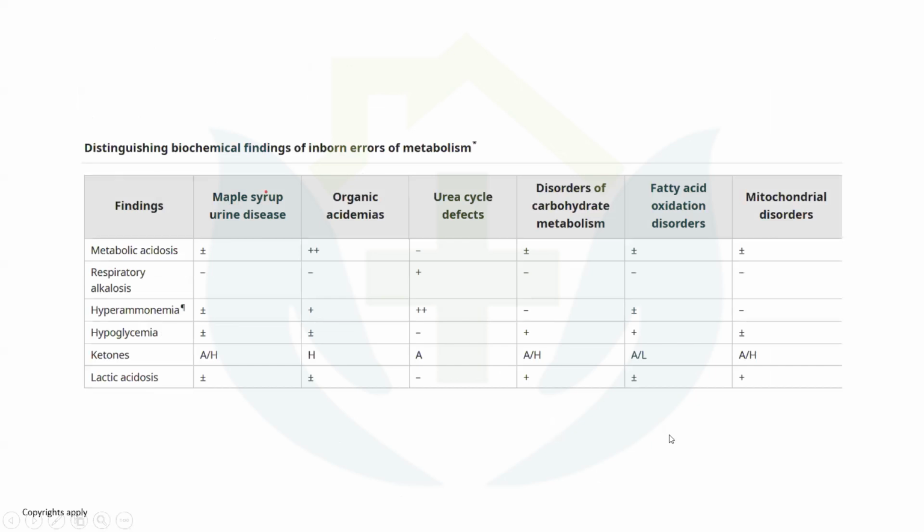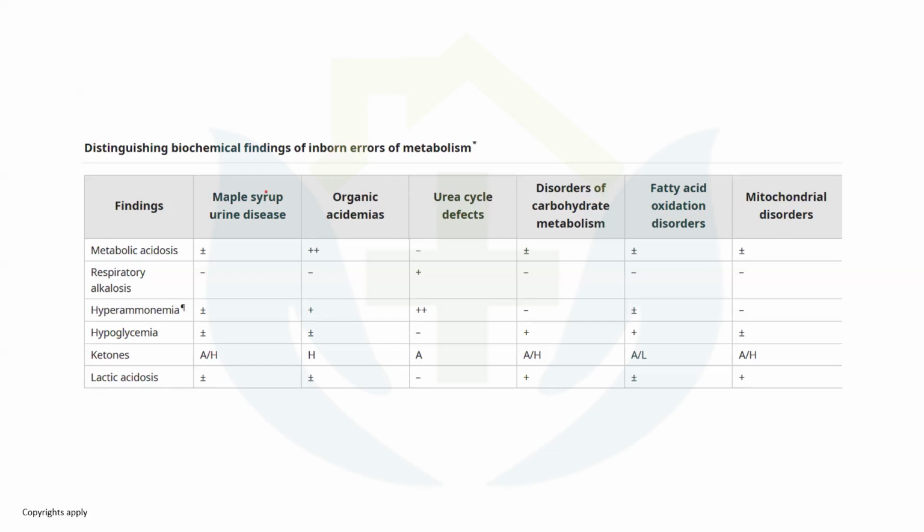So this slide basically compares different organic acidurias, maple syrup urine disease and other metabolic inborn errors, to see the clinical and biochemical findings between them. Here we can see that hyperammonemia will happen.